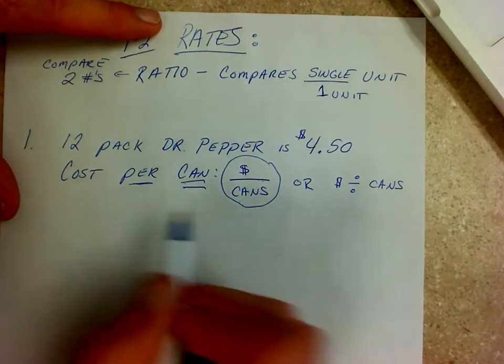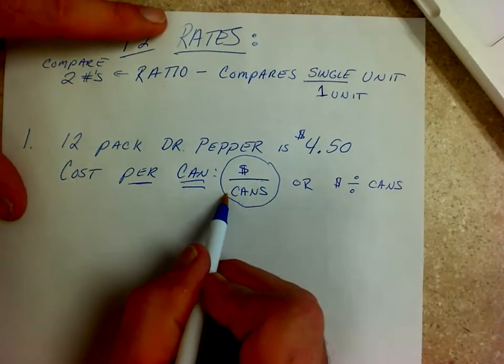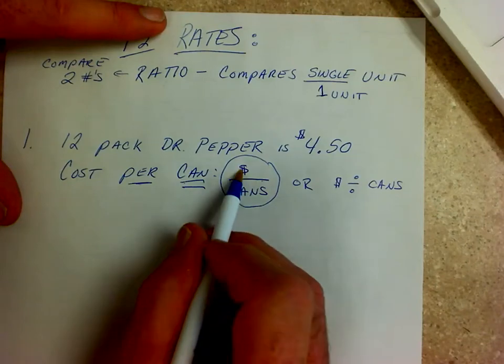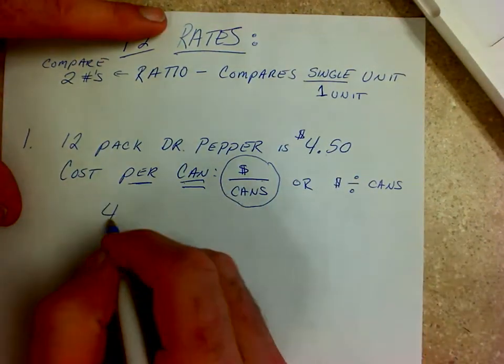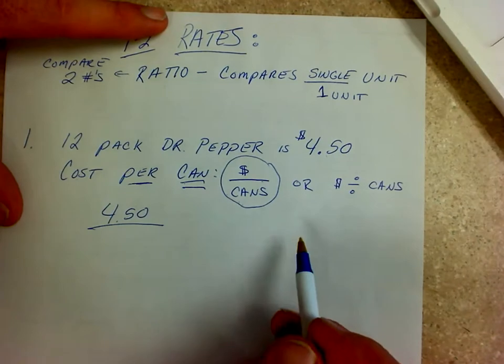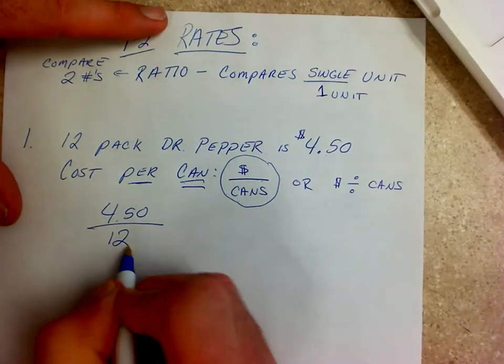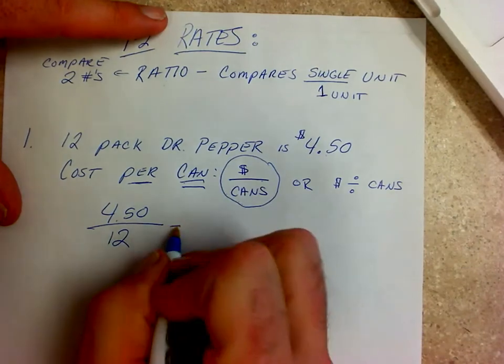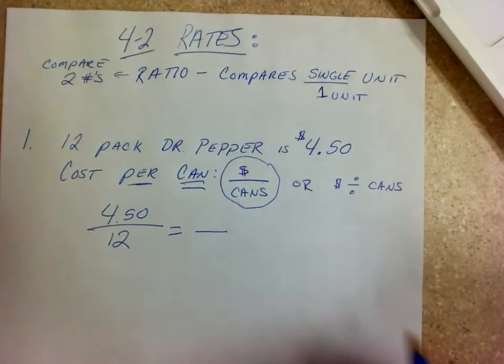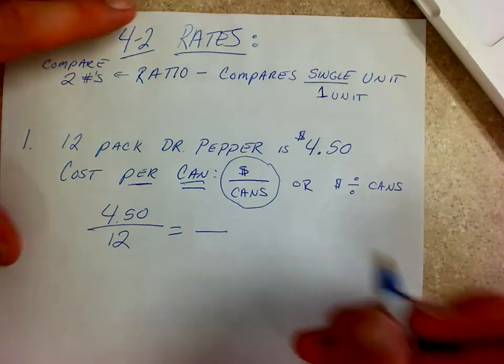So if we want to figure out the cost per can, now that we know our setup, money on top, we can pull out our $4.50. For cans, we look back through: it is a 12 pack, so 12 goes on the bottom. Now we simply need to do 450 divided by 12.